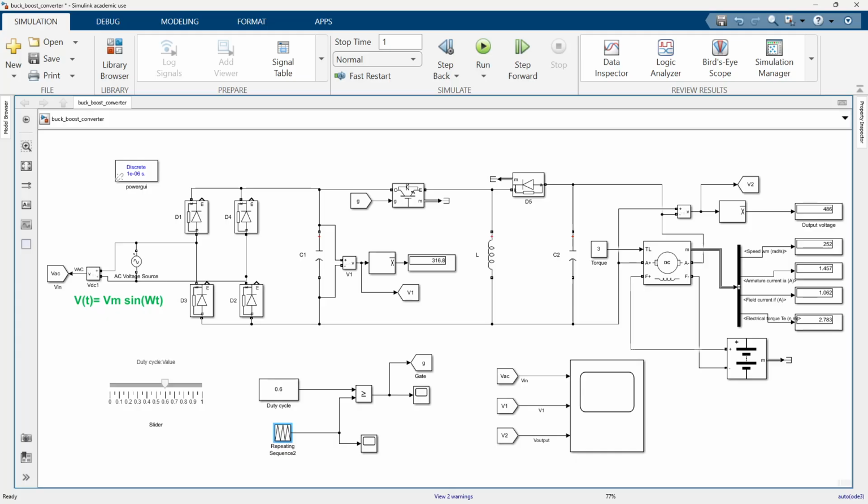When the carrier is lower than the reference duty cycle, this IGBT switch will turn on, and when the carrier is higher than the duty cycle, it will turn off this switch. By switching on and off, we can control the output voltage going into the motor.